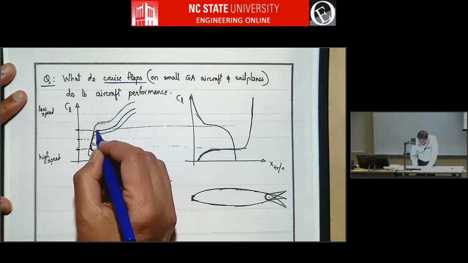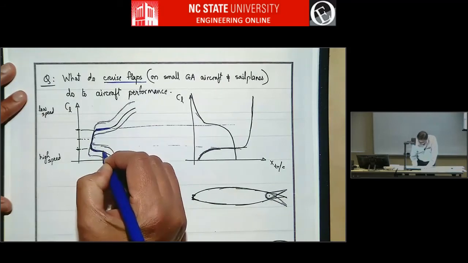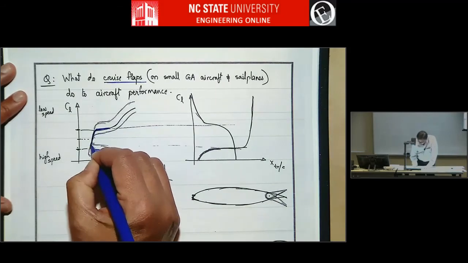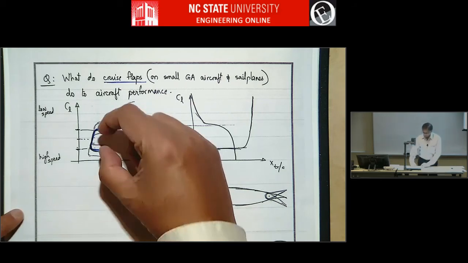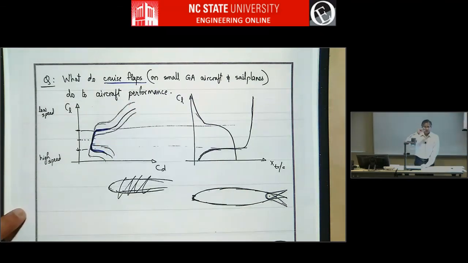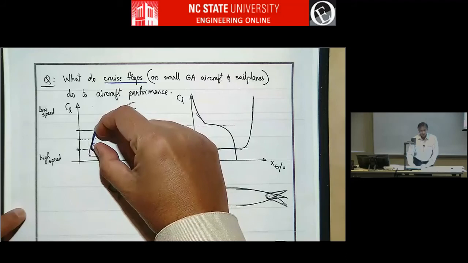But a cruise flap works by, for example, let's say this is the basic airfoil drag bucket. One of the things I hope you're seeing in the project too is that depending on so many factors, you will have only a certain CL width for the drag bucket, right? This is about it.